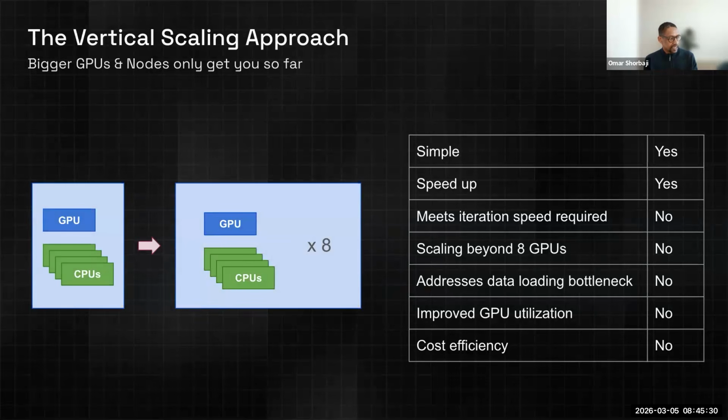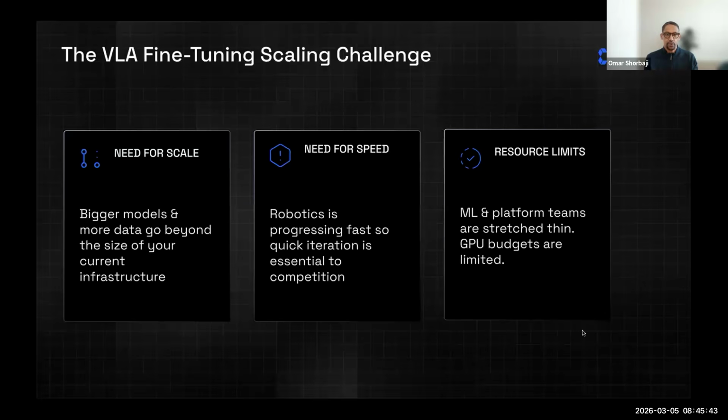Now, what we've seen is that folks like you who are starting their VLA journey begin to think, well, if one GPU and my CPUs are not enough, how about I try vertical scaling? What if I try going with a larger machine?